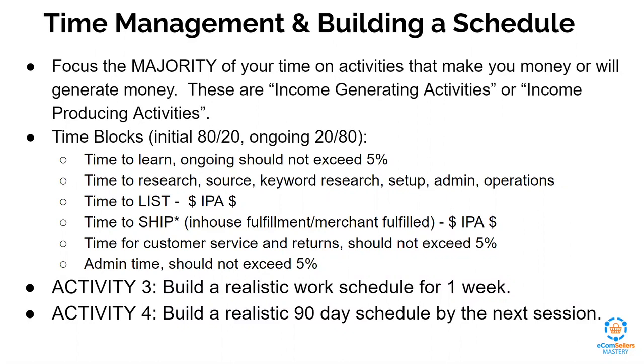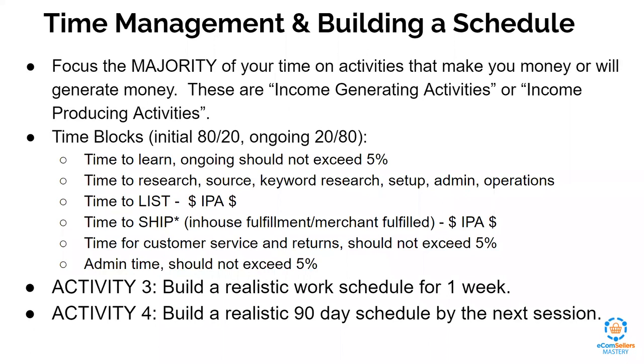So doing good product research is extremely important, but the income producing activity is actually listing the item so it's available for somebody to buy, because listing it will potentially produce a sale, which generates you what? Income. Research does not generate you income unless you do something with the research.